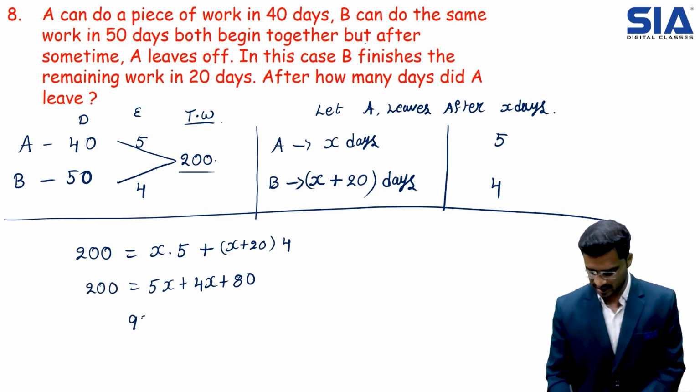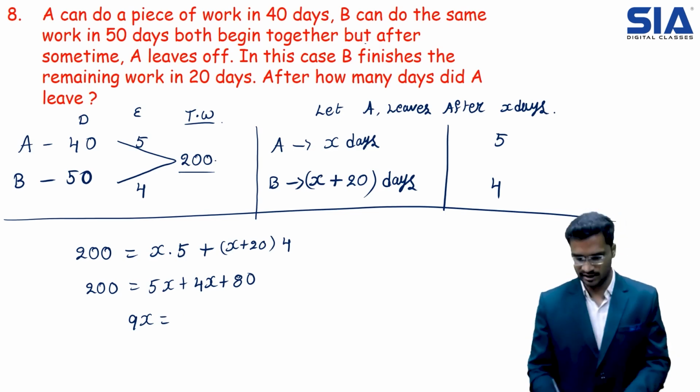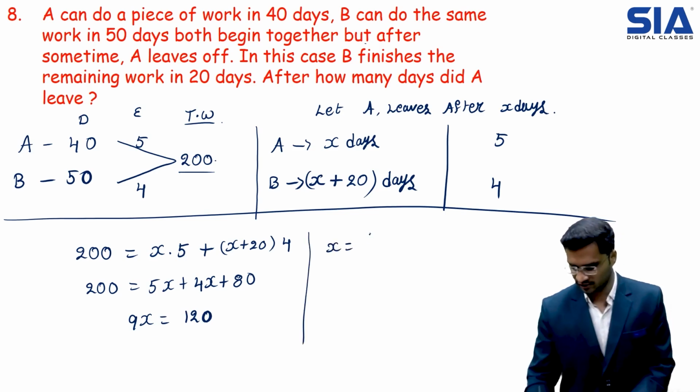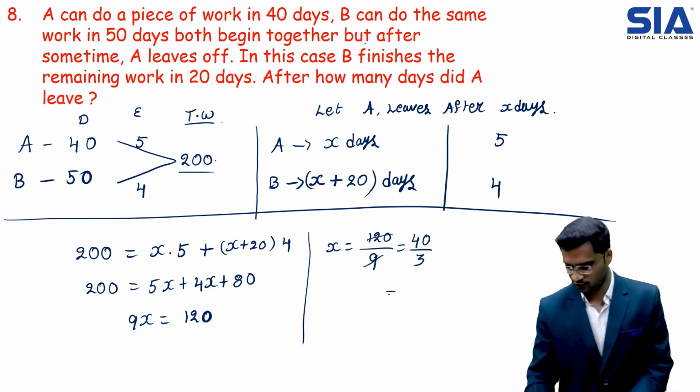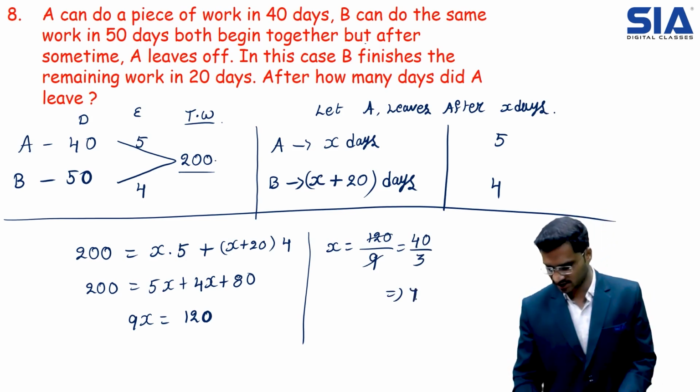Then 9x equals 200 minus 80. 200 minus 80 gives me a value of 120. Then the value of x is 120 upon 9, which is 40 by 3. 40 by 3 can be further simplified as 13 and 1 by 3 days.